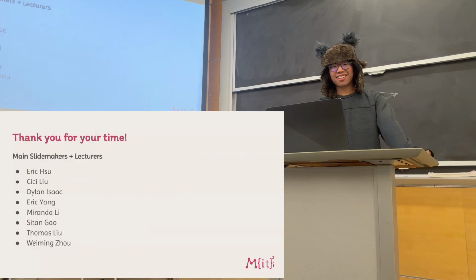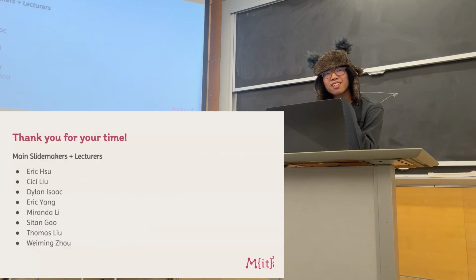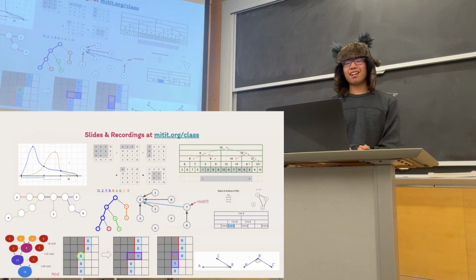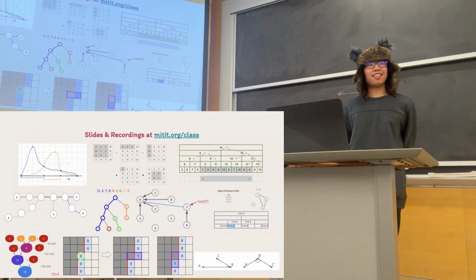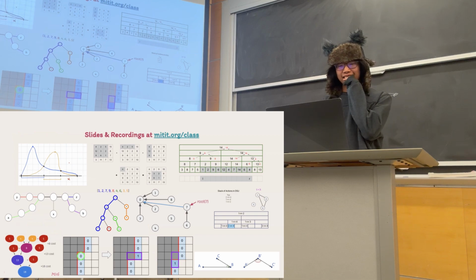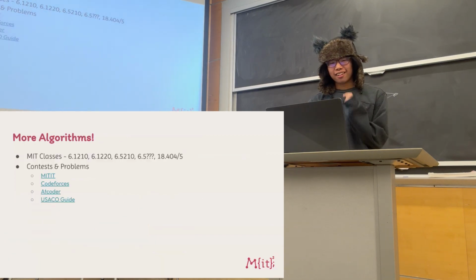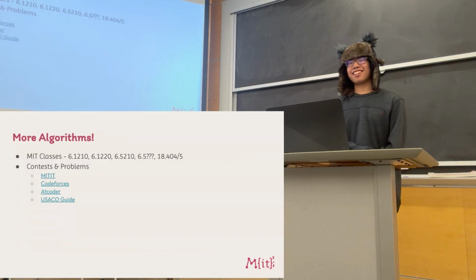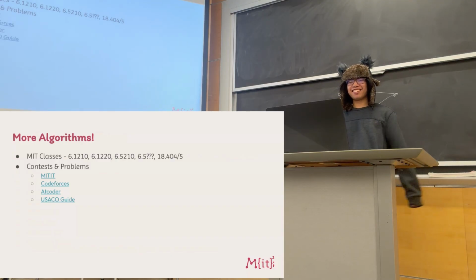Here are the credits of everyone who presented something in MIT IT, and the slides and recordings are at mitit.org/class. And finally, if you want more algorithm classes, the recommended classes are 1210, 1220, 5210 if you're a masochist, because that's the graduate algorithms class and it's really hard.